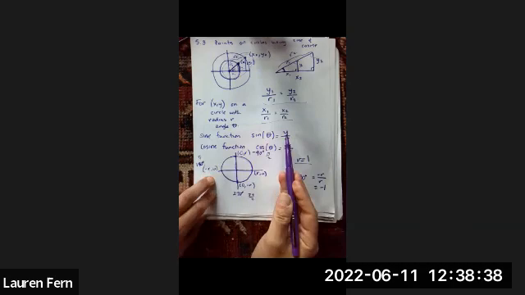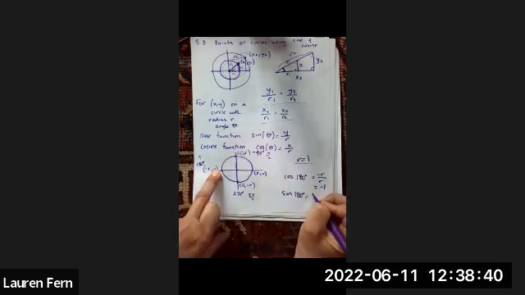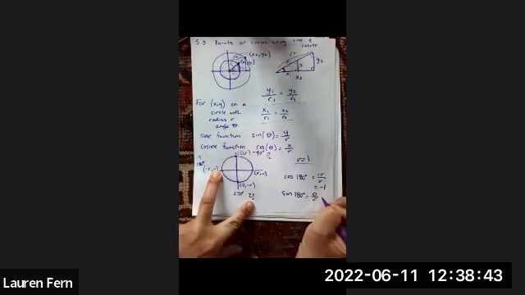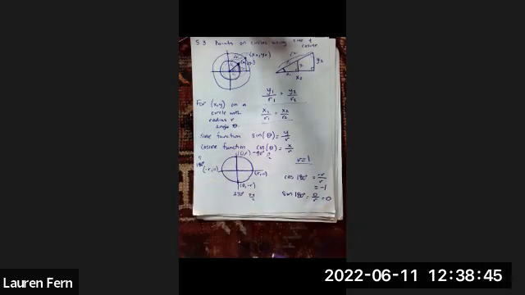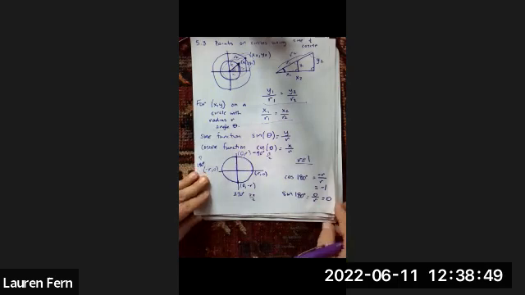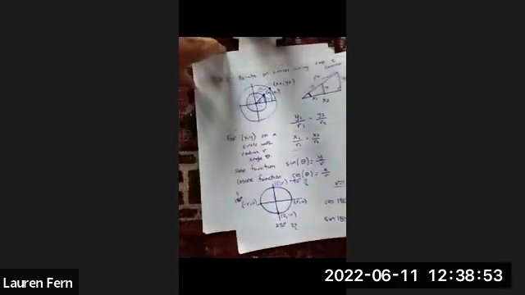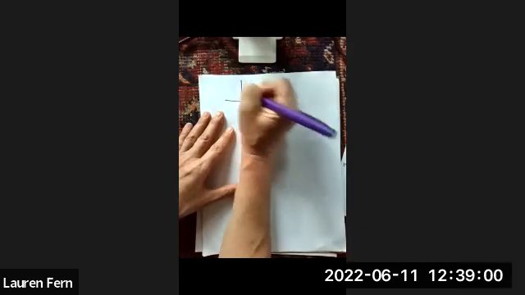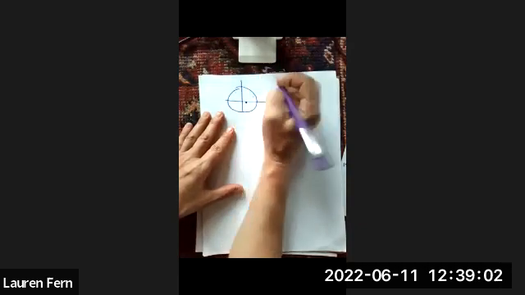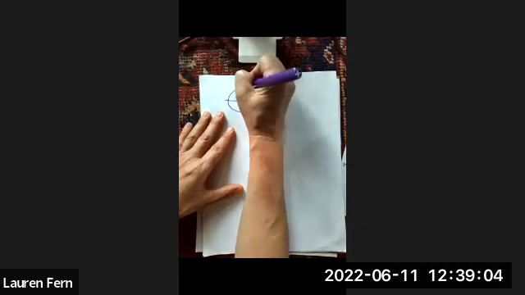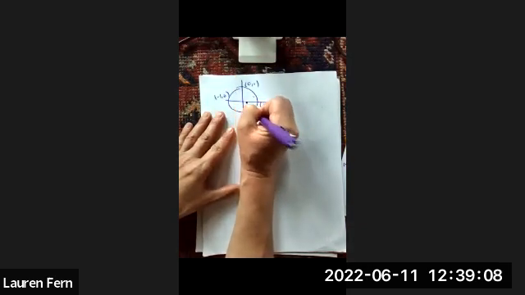Well, the sine is my y value, which is 0 over r, which is 0. All right. Well, I claim then, if our radius is 1, this is going to give us our unit circle. So let's just take our radius to be 1. These are the ordered pairs (1, 0), (0, 1), (negative 1, 0), (0, negative 1).